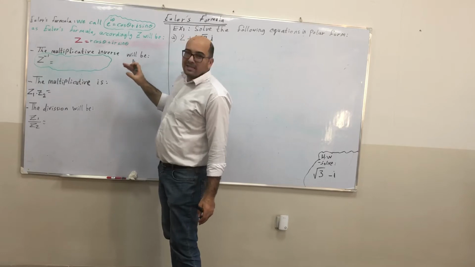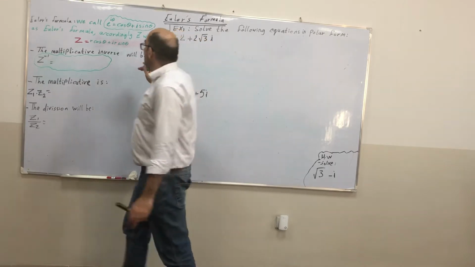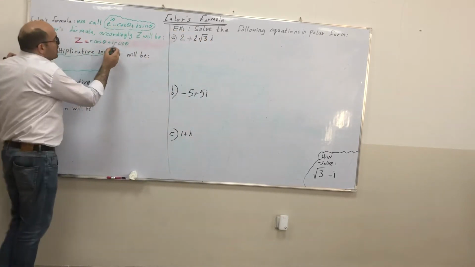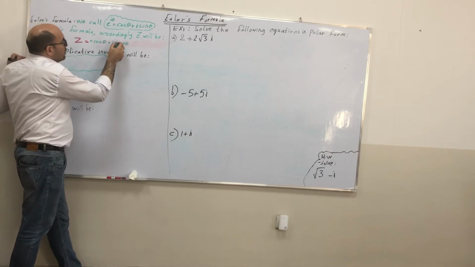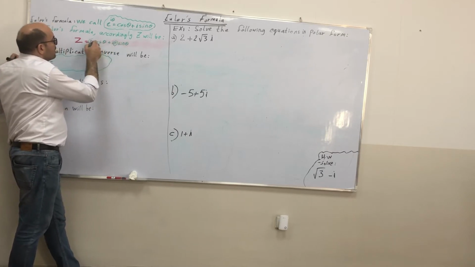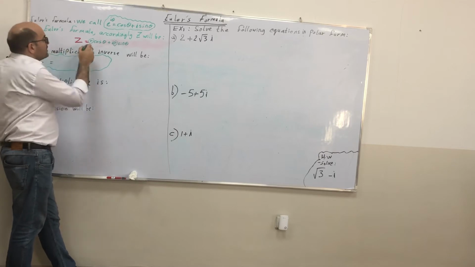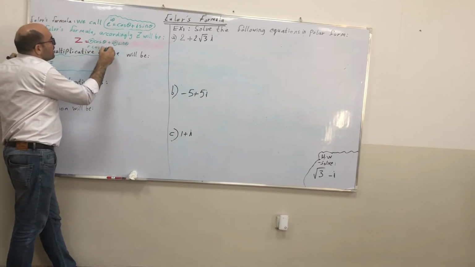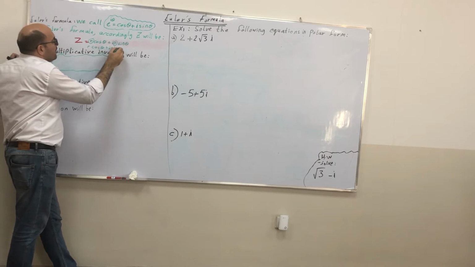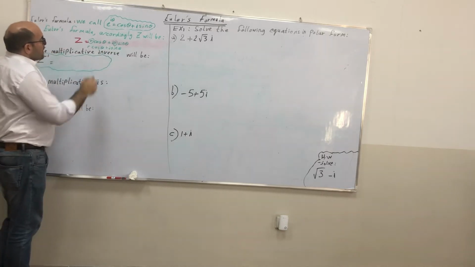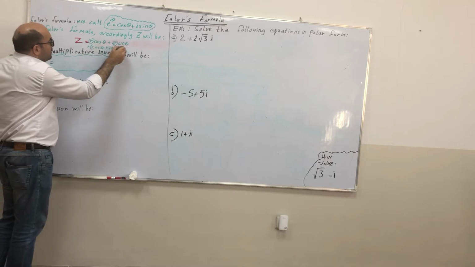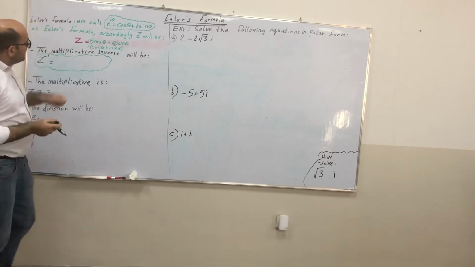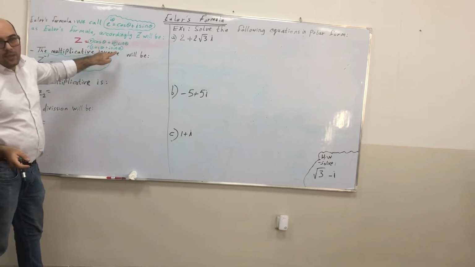What do we have as an extra thing? We have the r, which is the absolute value of the complex number. I will just take it out. We will have r times the bracket of cosine theta plus i sine theta. This r is outside of the bracket. You see this cosine theta plus i sine theta?